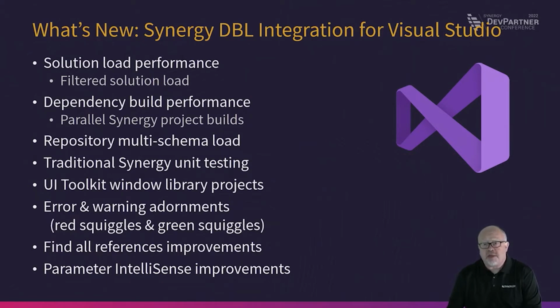Another area we frequently pay attention to is the performance of the dependency build system. And I'm happy to report that the team has made some big steps forward in that area also. Support for building Synergy projects in parallel was a big part of the solution, and we also made some significant improvements in build times for multi-mainline projects in some scenarios.